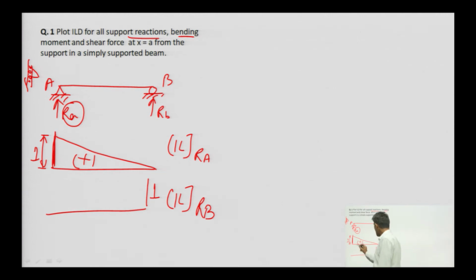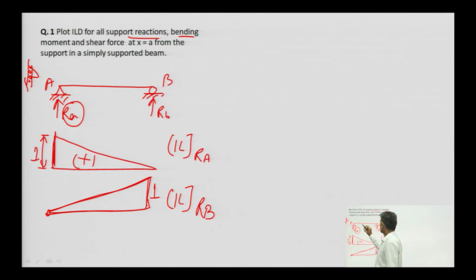And what about point A? A is a hinge. So, at this support, the beam is going to rotate. This is the plot for RB. We have plotted the same diagram using the direct method.